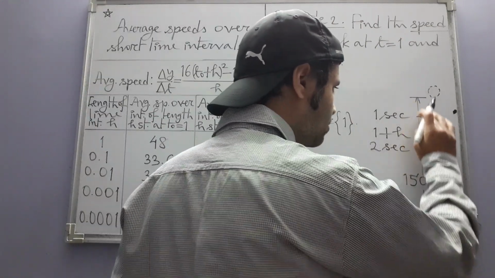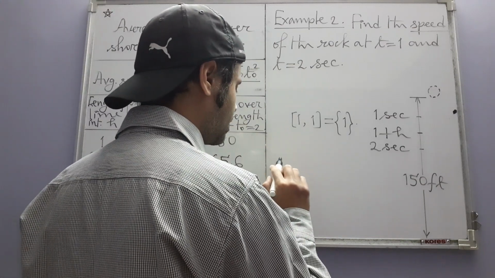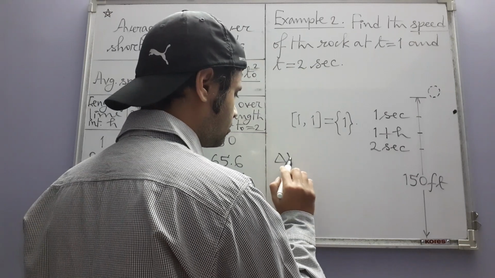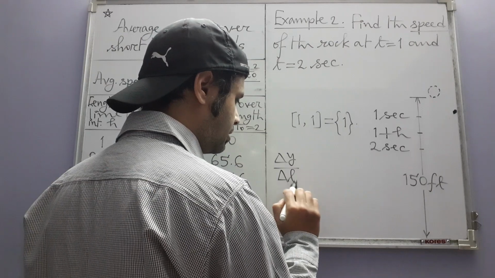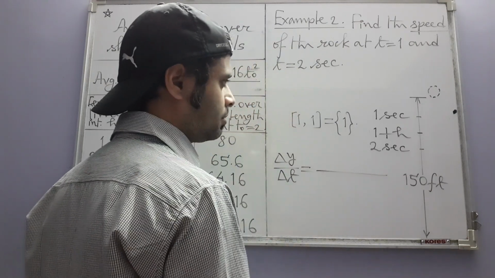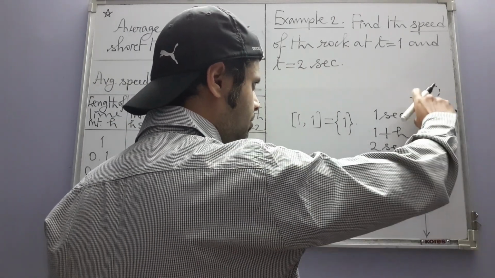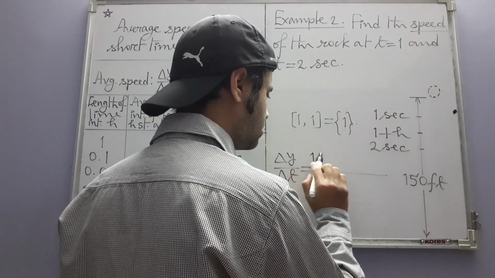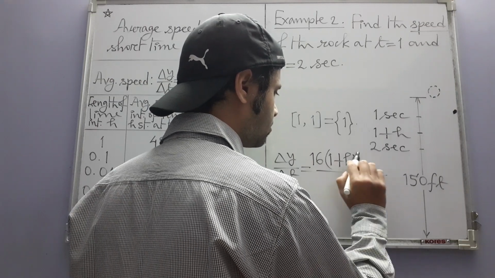In this interval we can calculate the average speed, and the average speed of course will be change in distance divided by change in time during that time interval. So the rock fell by this distance, and that distance is 16 times (1 plus h) whole squared.